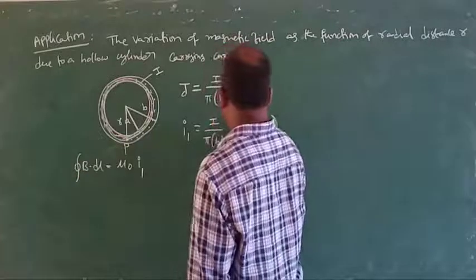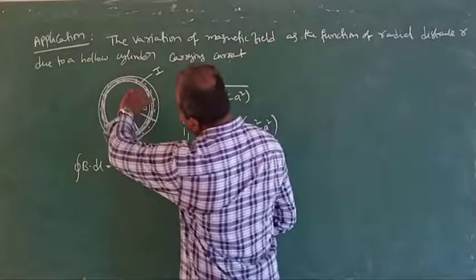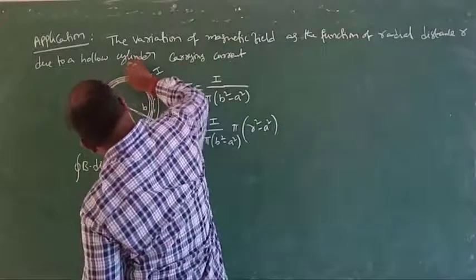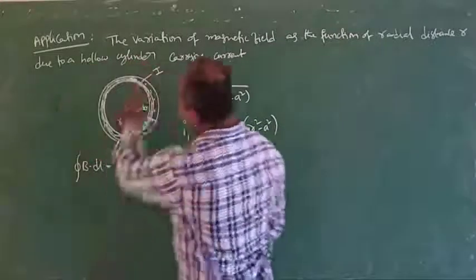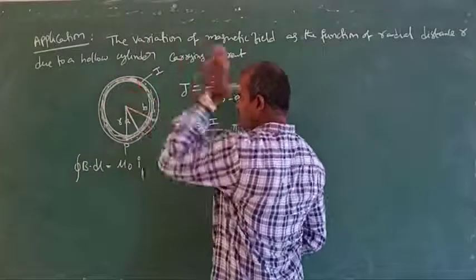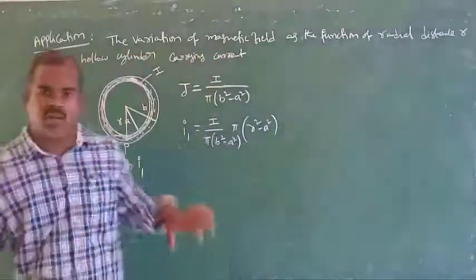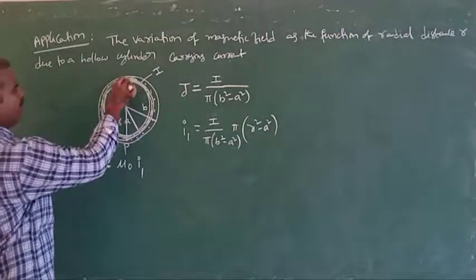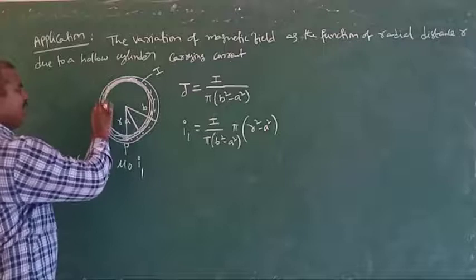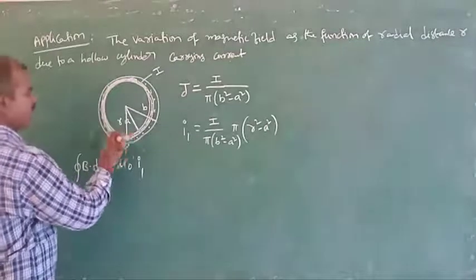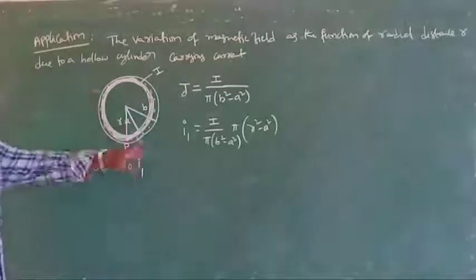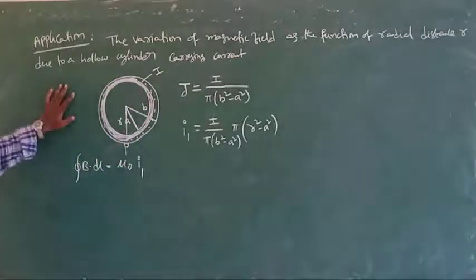Ampere's circuital law considers only the current enclosed by the loop, so how much current is there inside is I1.